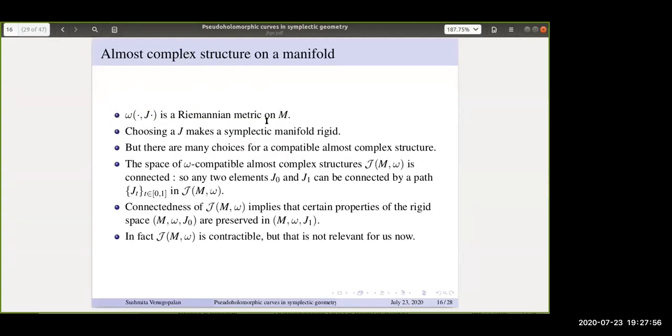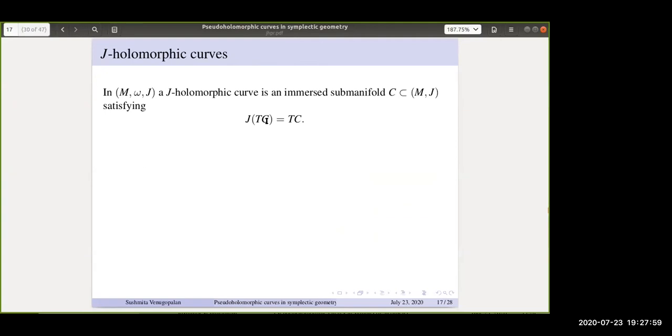Okay, so let's move on. Our goal today is to prove Gromov's non-squeezing theorem, and the tool we have at our disposal are J-holomorphic curves. By that, what I mean is that you would have studied holomorphic maps in your complex analysis class, which means that a map is holomorphic if its derivative is complex linear. Here, we don't have a complex structure on a manifold N, but we do have an almost complex structure.